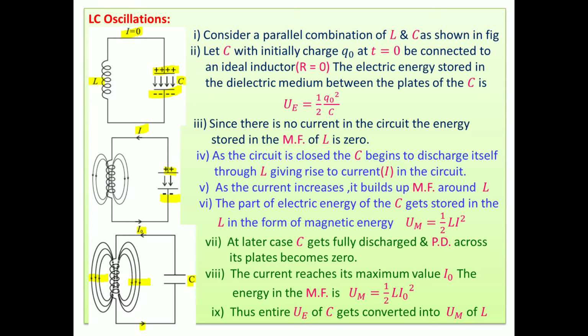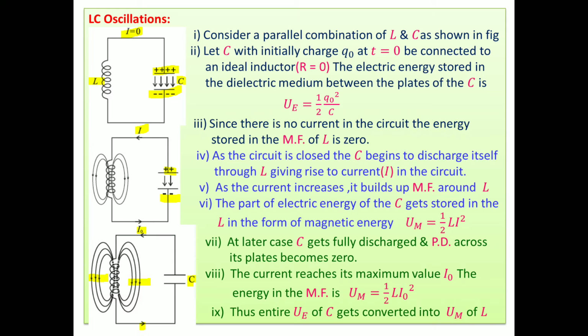Then the electric energy stored in the dielectric medium between the plates of the capacitor, UE, equals half Q naught square upon C. We know the formula of it. Remember the chapter electrostatics, there we discussed that the energy stored in the capacitor is half Q naught square upon C.